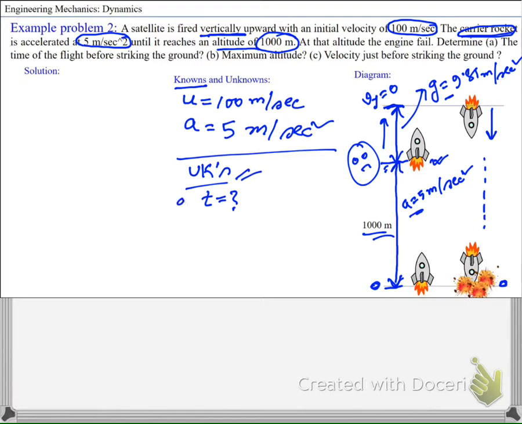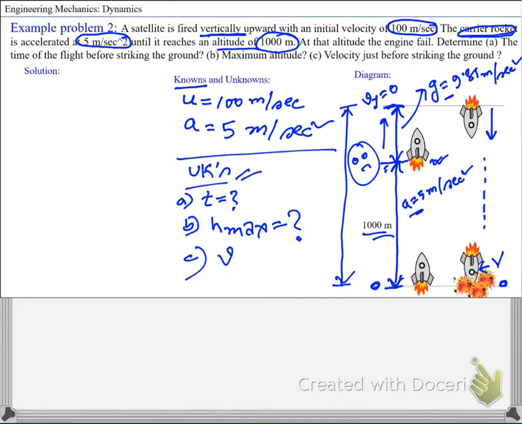And that's our A. And then we have a B, which is the maximum altitude. So the maximum height from ground to the top, so h max. And C, velocity just before striking the ground. So velocity just before striking the ground here. So these are the unknowns.